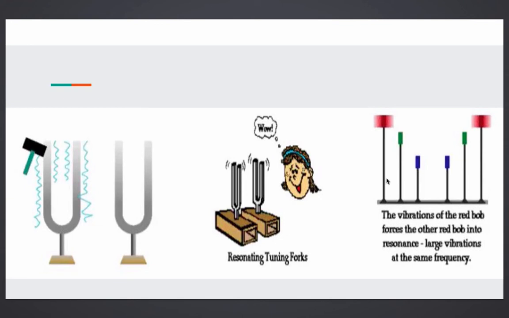One more example, which is given in your book, is when we have n number of metallic bobs or pendulums with different lengths. The threads are all tied to the same rubber band. Now one of the pendulums is set into vibration, and what we observe is that the others also start vibrating, one with a shorter length, one with a greater length, one with equal length to the given one.